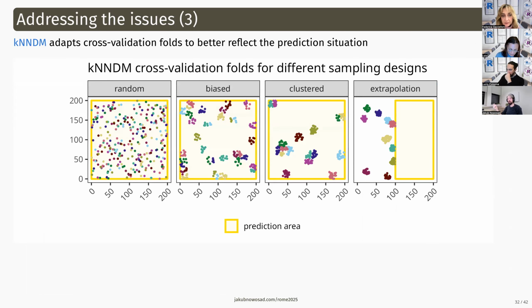The idea behind this method is that, depending on how our sample looks, the method adapts to it. Take a look at the panel on the left. If we have a random sample, we can just split our points into basically a simple random k-fold validation.